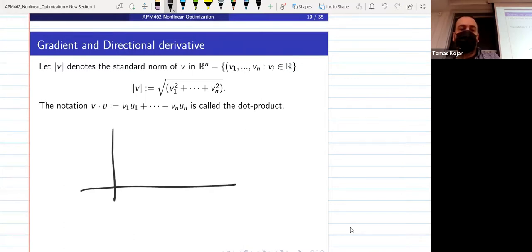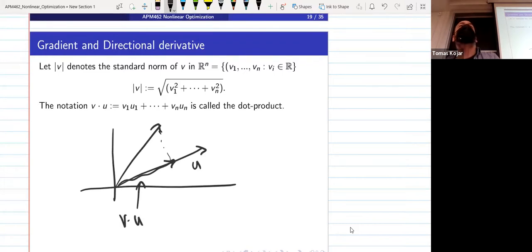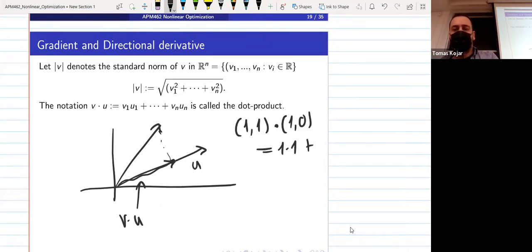Pictorially, if you give me a vector U and a vector V, then the length of this projection here will be given by V dot U. So this is a number. Let me compute one for you: (1,1) dotted with (1,0) equals 1 times 1 plus 1 times 0, which is 1. You just multiply the components.